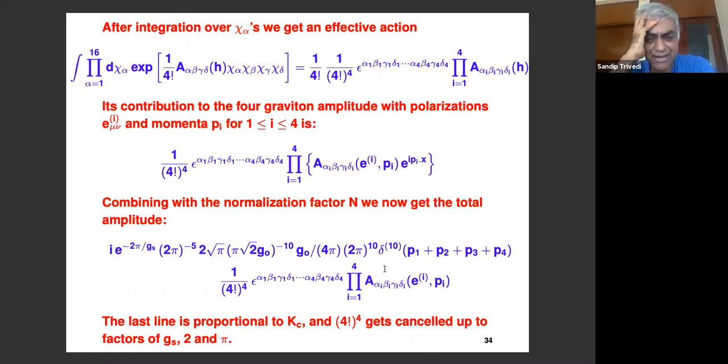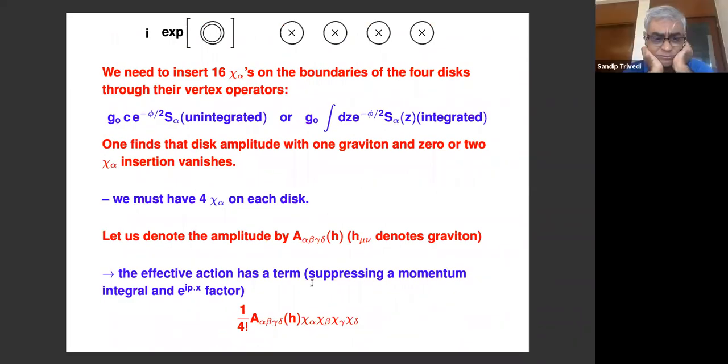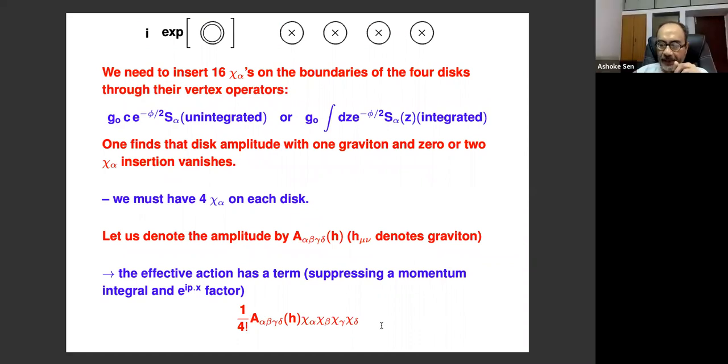Ashok, I'm sorry, I apologize because I stepped out briefly, but has the momentum conservation integral been done already at the stage where you compute A with four chi's, or shouldn't it? Yes, no, here, I have put this in. I didn't have it before, but I have cheated a little bit, right? So this integral I should have written as the integral d^10k times e^{ik.x}, where x is the location of the D-instanton.